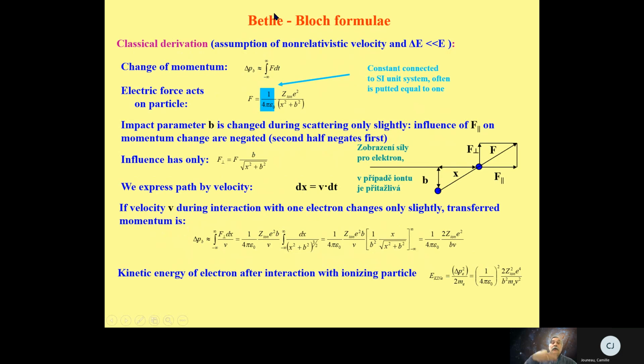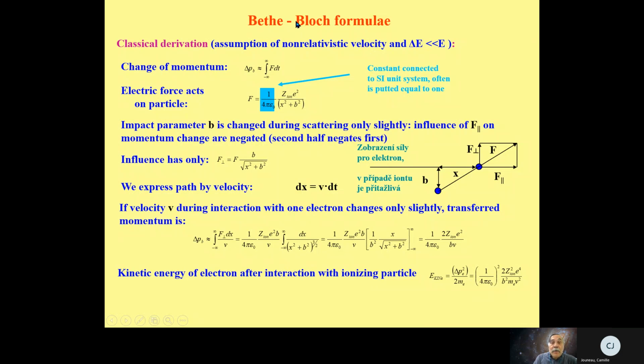The formula which you will obtain for these ionization losses is named the Bethe-Bloch formula. And it is, as I said, a classical derivation, in the case of non-relativistic velocities, that means velocities much smaller than the velocity of light.